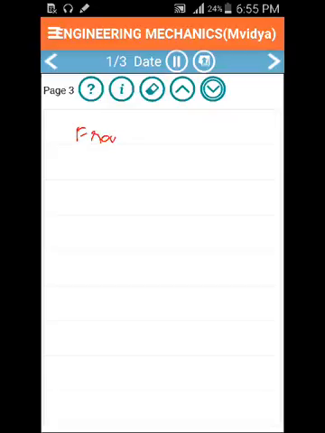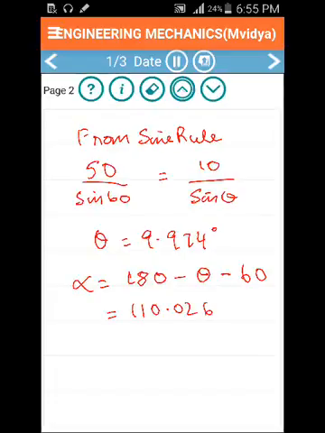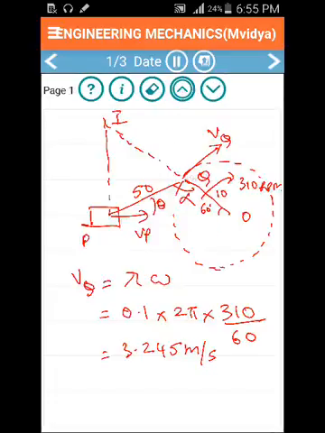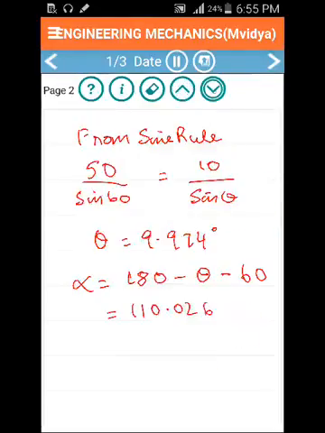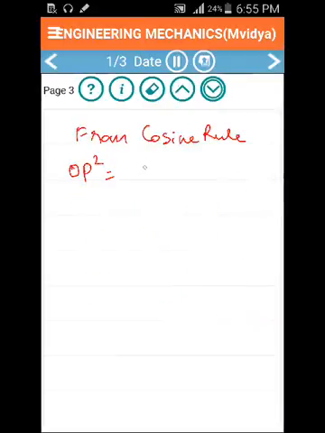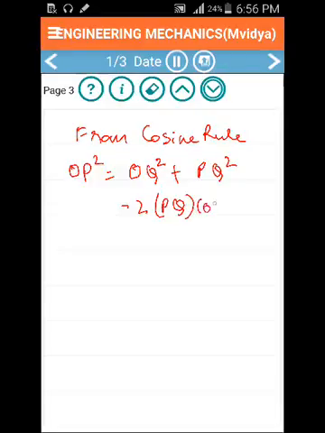From the cosine rule, OP square is equal to OQ square plus PQ square minus twice PQ OQ cos alpha.